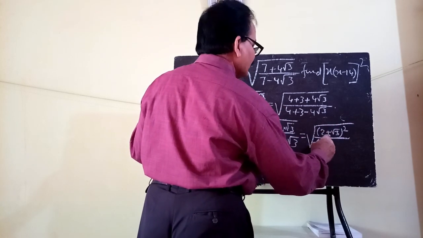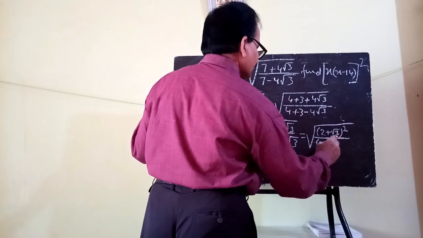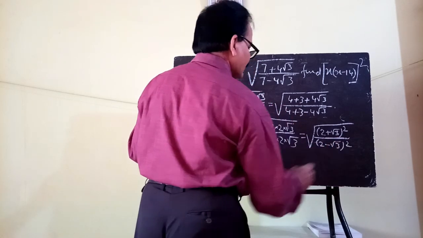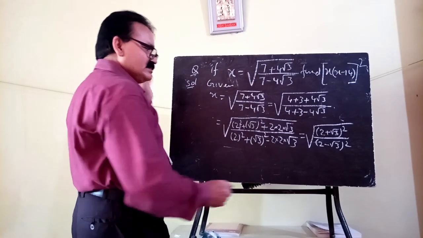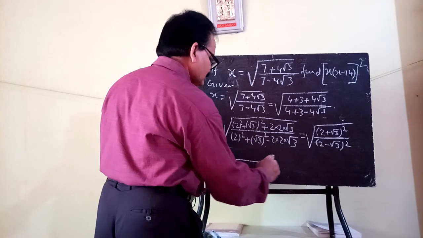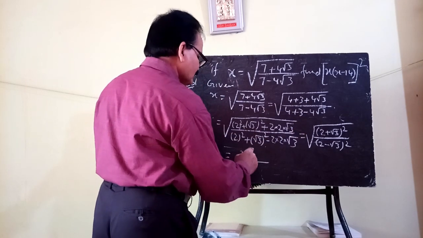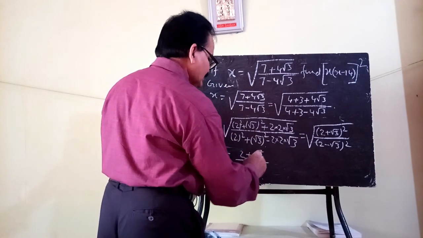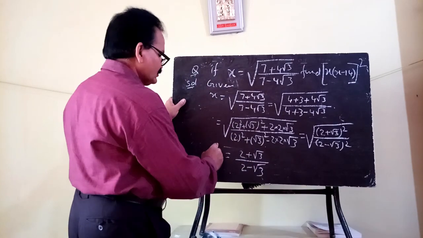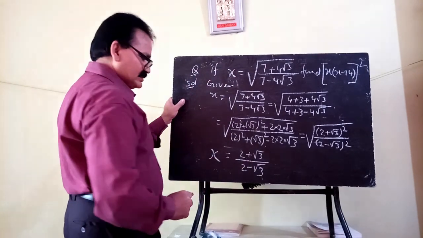And in the denominator this is 2 minus root 3 whole square. Since it is the square root of a squared number, the root will go out. So this is 2 plus root 3 divided by 2 minus root 3. This is the value of x.